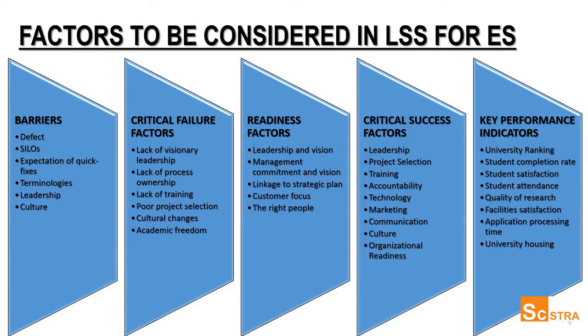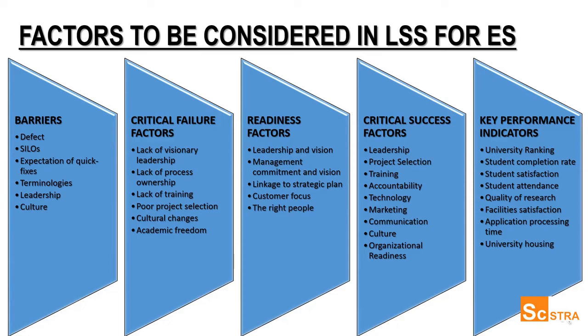The factors to be considered in Lean Six Sigma for educational systems: first, the barriers. What are those? Defects, silos, expectation of quick fixes, the terminologies, leadership, and culture.